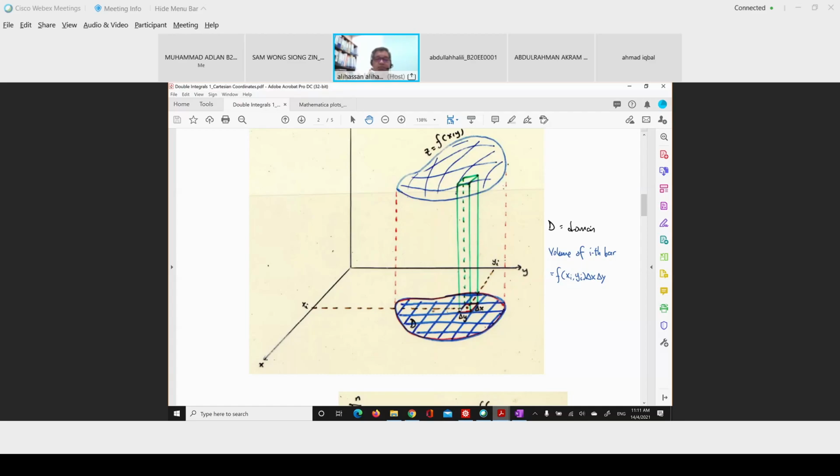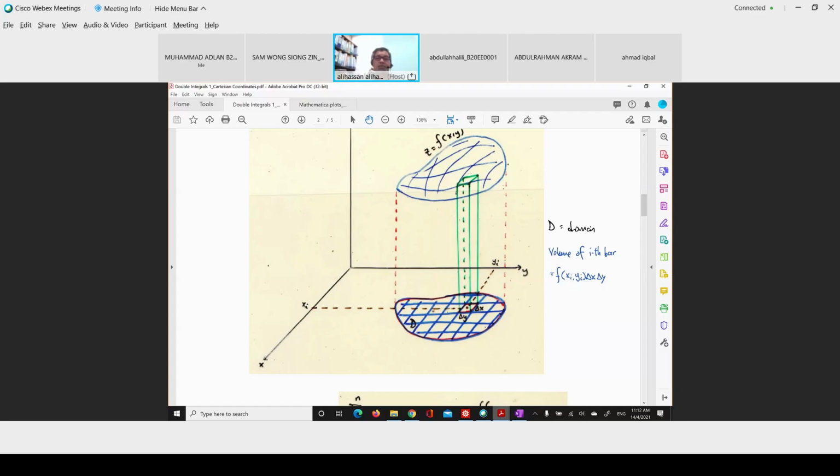Let's choose a representative point in this rectangle. Let's call it (xi, yi). So a representative point in this ith rectangle is (xi, yi).